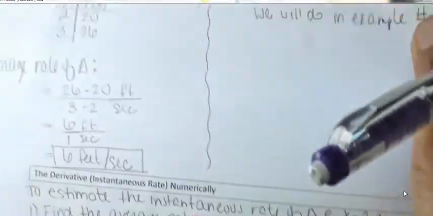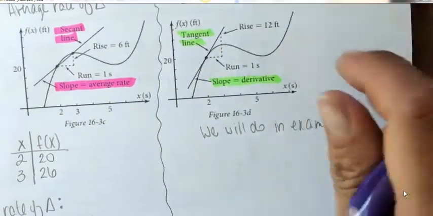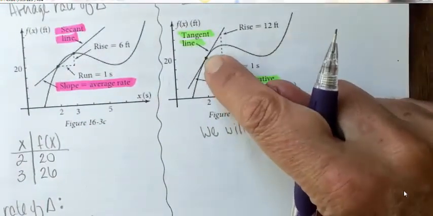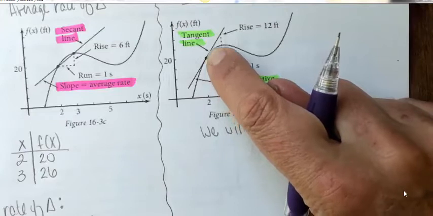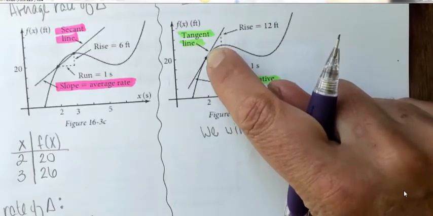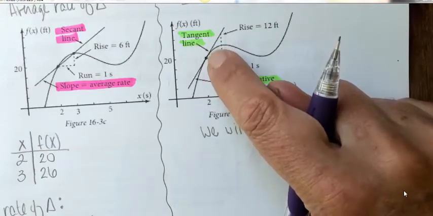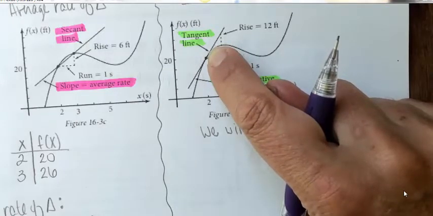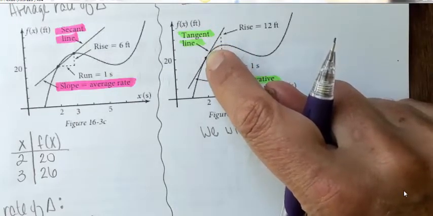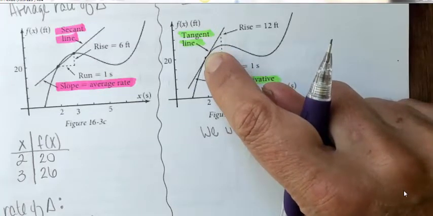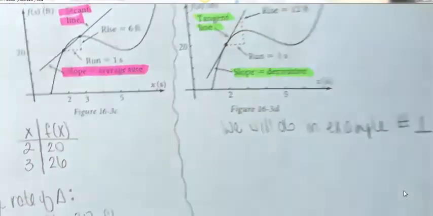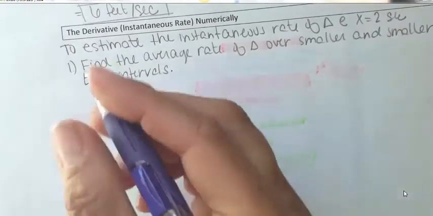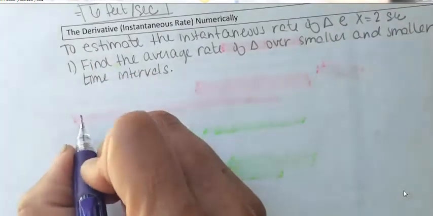Right? Because if I'm talking about finding the rate of change at x equals 2, then I can't be very far away from 2. Okay, so I'm going to find it at like 2.1, and then getting a little closer, 2.01, and a little bit closer, 2.001, and a little bit closer, 2.0001. I think I said that right. Okay, so that's the first thing I'm going to do.